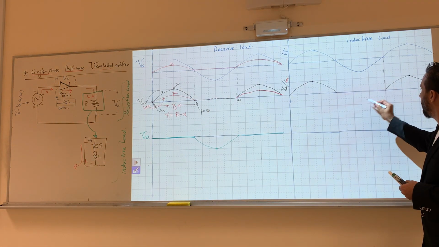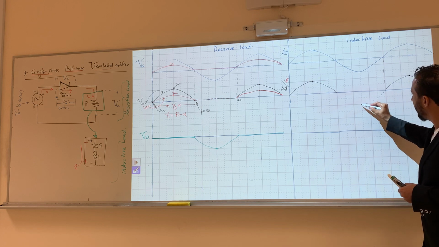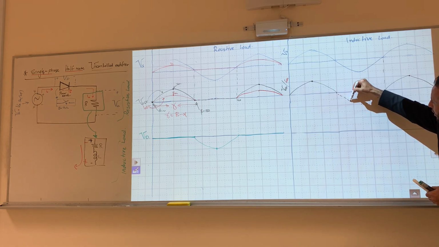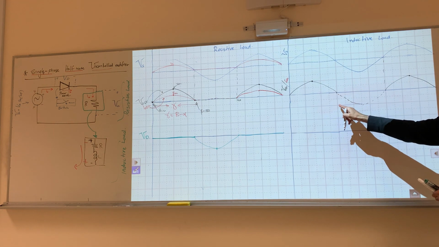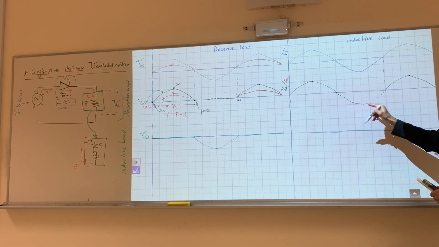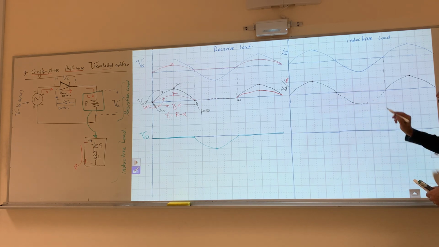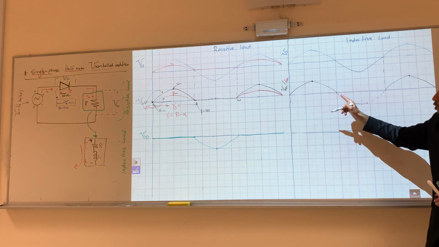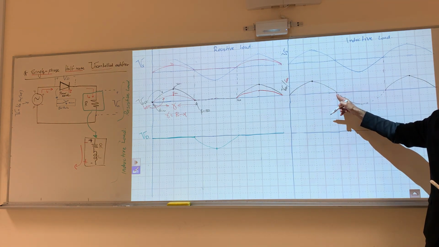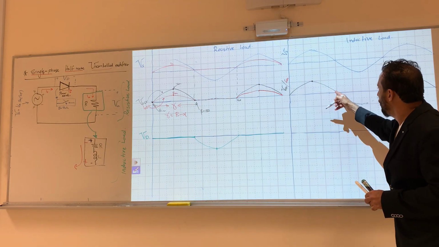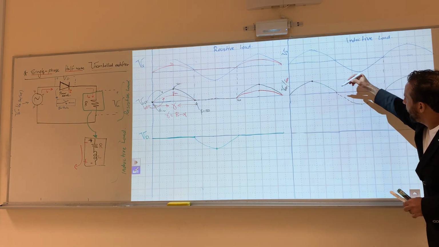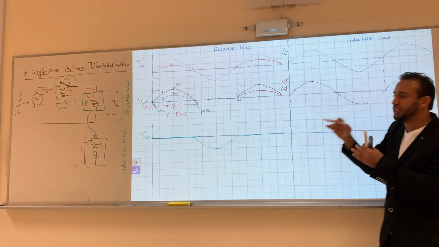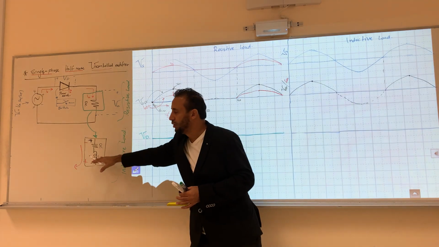If I draw it like this, I'm gonna draw it with dots. Okay, see here. 1, 2, 3, that's a peak. So let's say this is what we will see, same as before. But now the inductive, we said it will release, so we will have a ripple right here. The inductive depends on how much it stores.